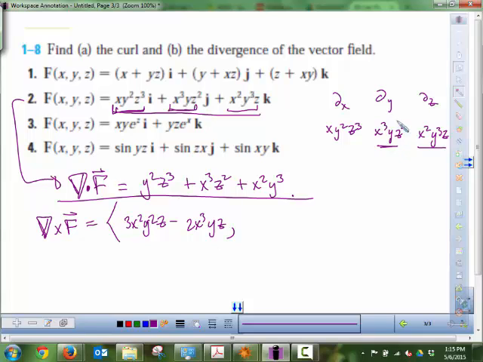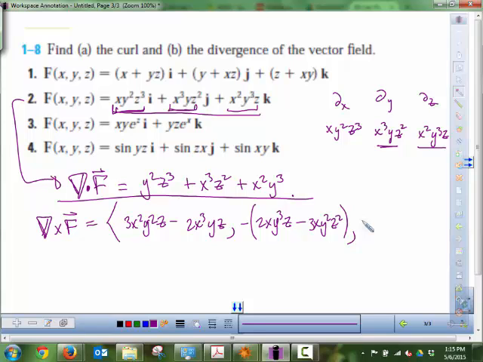The second one, I'll throw a negative in front of that, and then take the derivative of the last component with respect to x. That's 2x y cubed z, minus the derivative of the first component with respect to z, that'll be 3x y squared z squared. That's my second component of my curl.